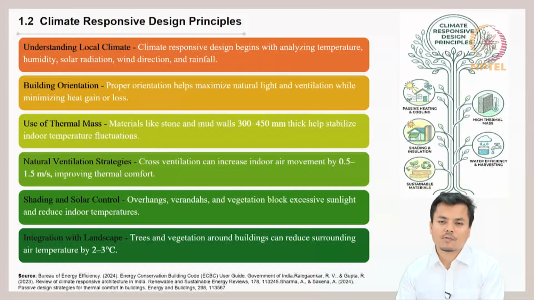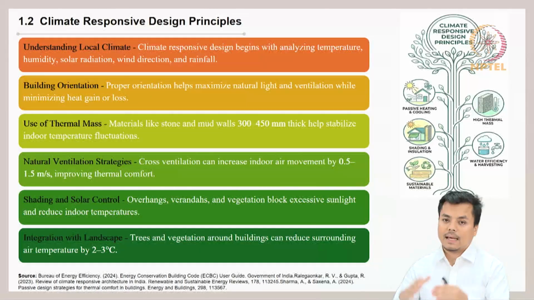Further, the other aspect that has to be taken care of is natural ventilation strategies, like cross ventilation, which can increase indoor air movement by 0.5 to 1.5 meters per second, improving thermal comfort. In places in a warm and humid region, we have to maximize the airflow in the structure.